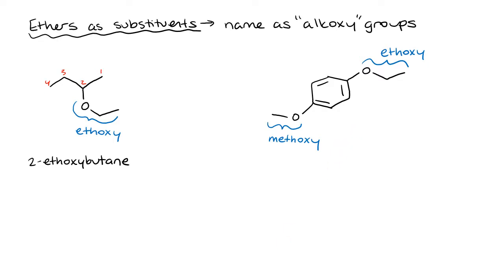So carbon number 1 is going to go to the ethoxy group, and 4 will go to the methoxy group. Then we will go ahead and name our molecule. So we get 1-ethoxy-4-methoxybenzene. And benzene is our parent chain name.